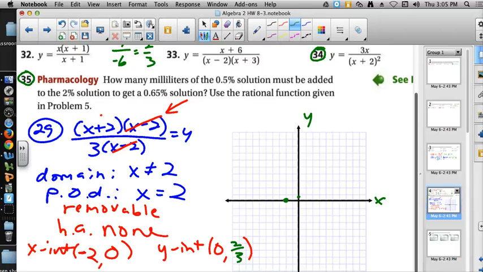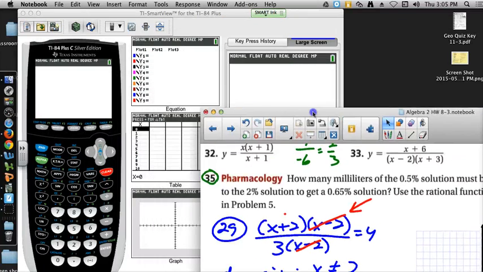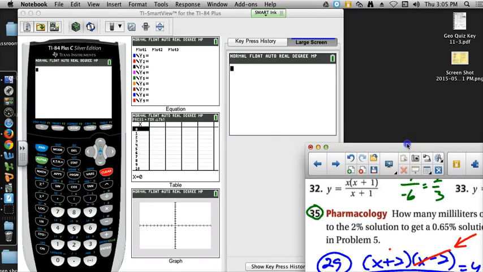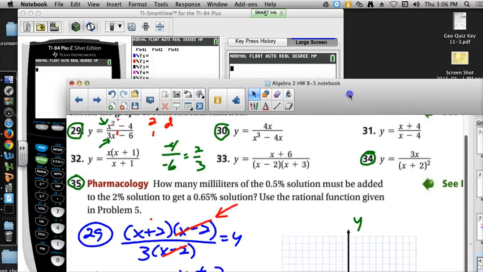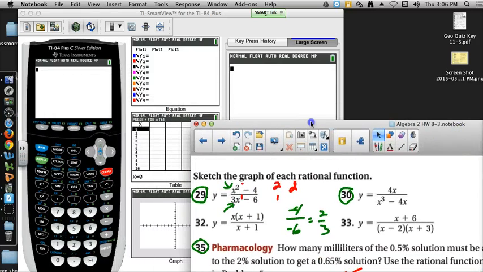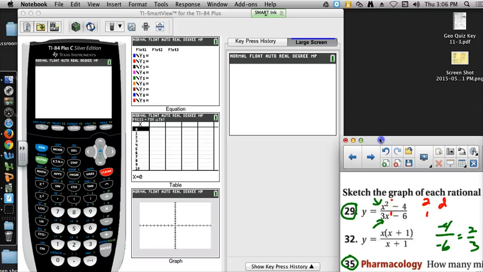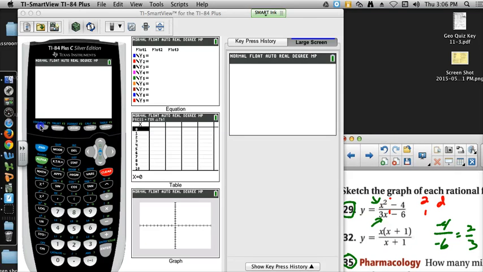But remember now that when we have these more involved graphs, when we're not doing y equals a over x minus h plus k, what we're going to do is grab a graphing calculator, punch this in, and use our table feature to get some points. So first things first, I better slide this up so we can see the original function. And then we go to our y equals.